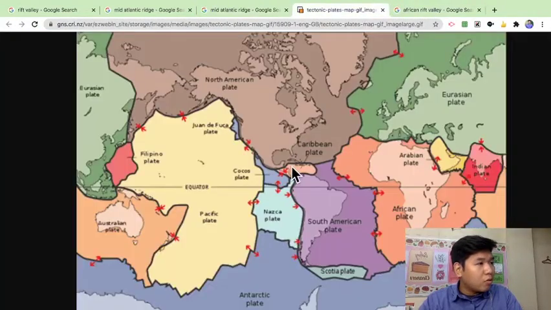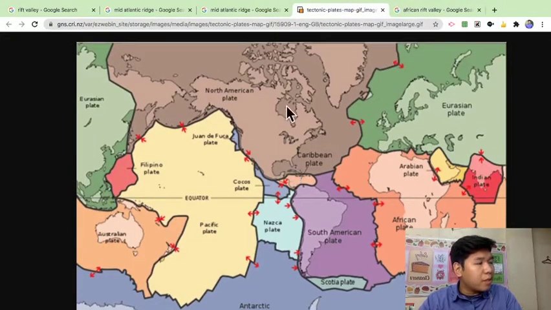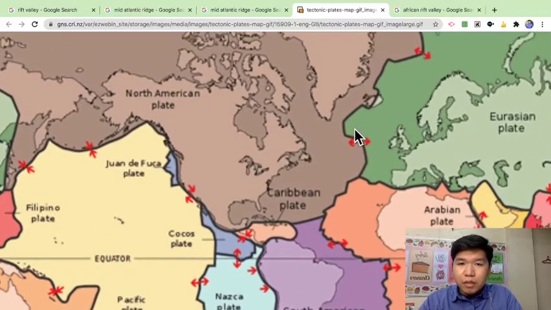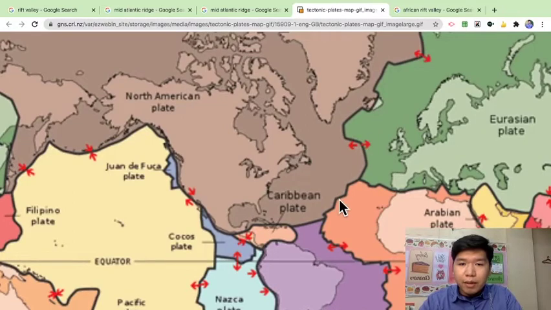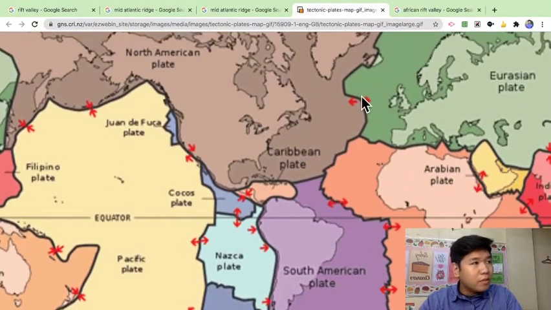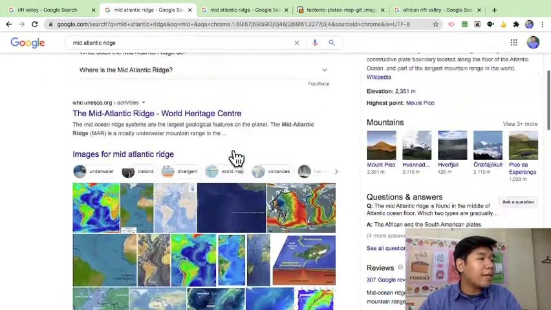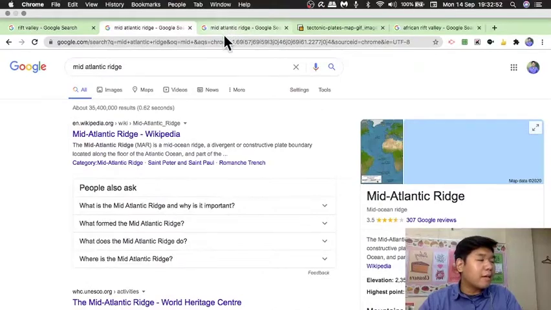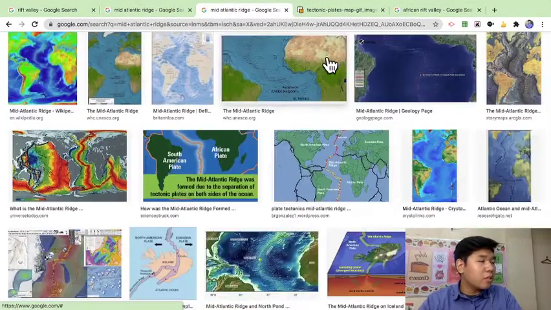Let's look at the tectonic map. Here we have the North American plate, South American plate, Arabian plate, and Eurasian plate. Look at those arrows in the middle. They are going away, away from each other. So, sir, how does the mid-Atlantic ridge physically look? Let's look at some pictures.